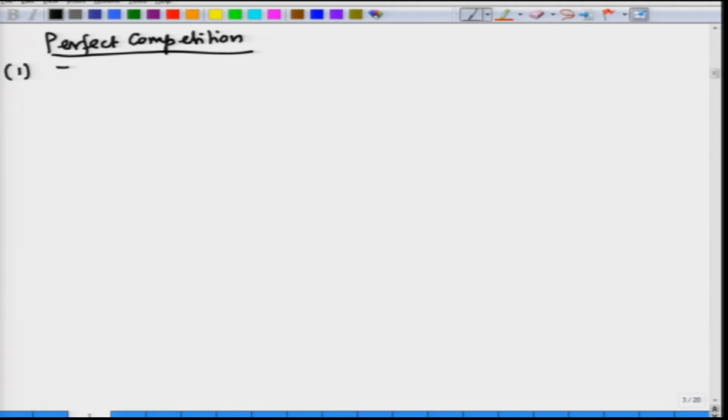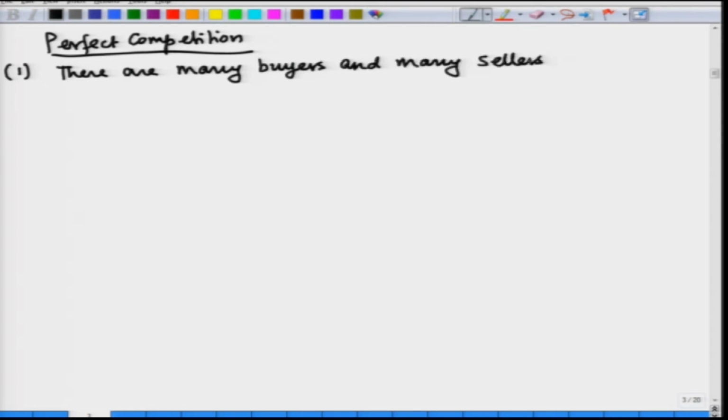There are many buyers and many sellers, each of whom is small relative to the size of the market. None of these buyers or sellers are dominant firms or dominant buyers.